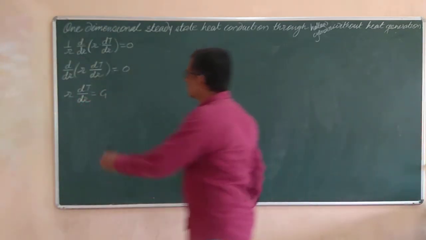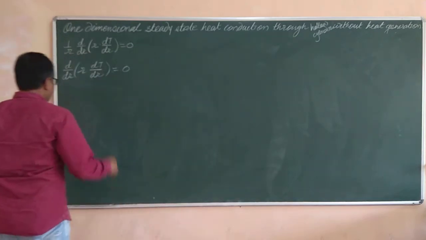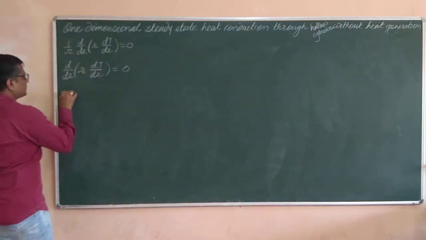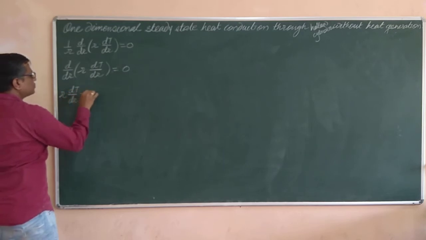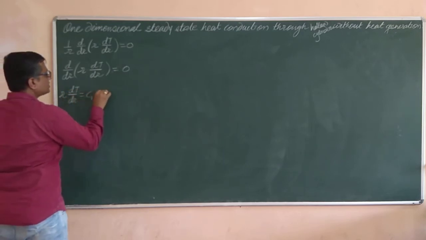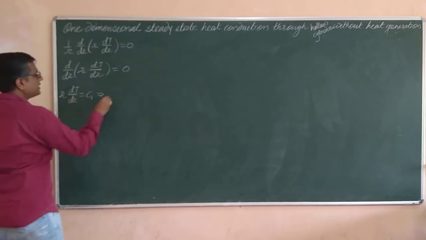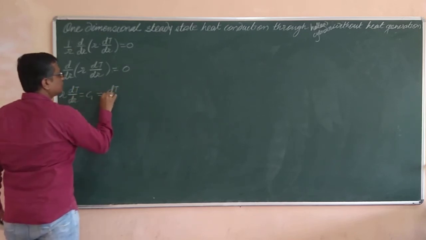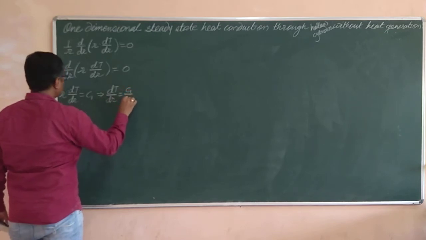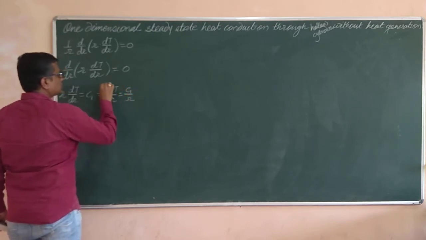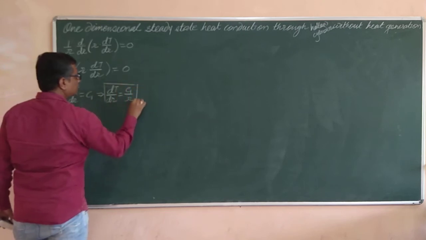After integrating, r into dT by dr is equal to a constant C1. So from this I can write dT by dr is equal to C1 divided by the term r, small r. So this is one important term that we got over here.